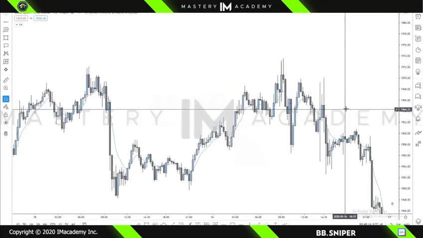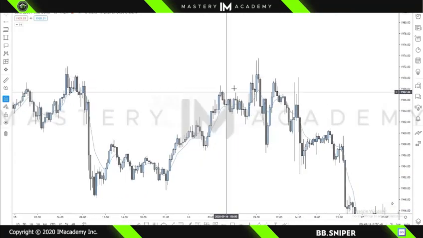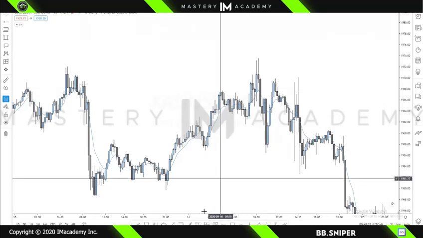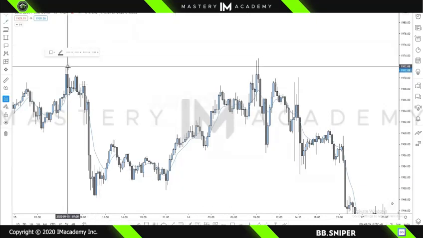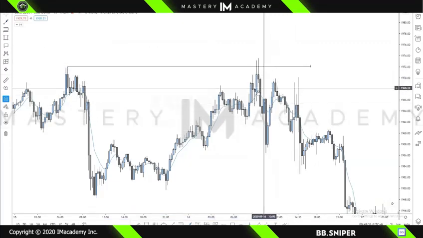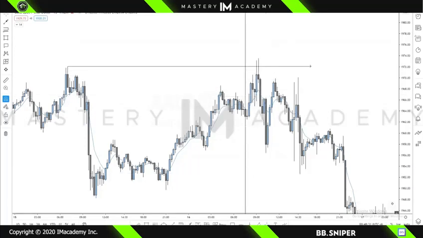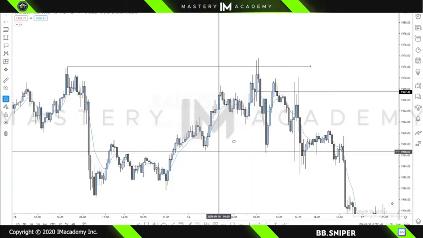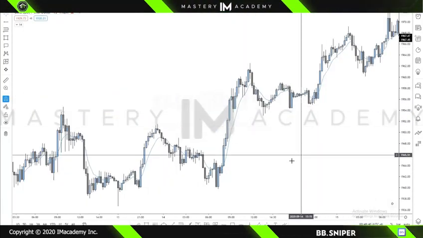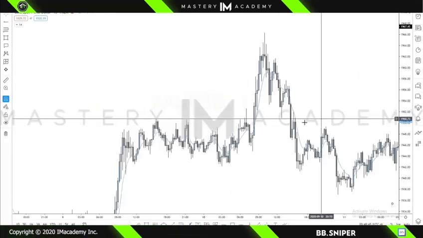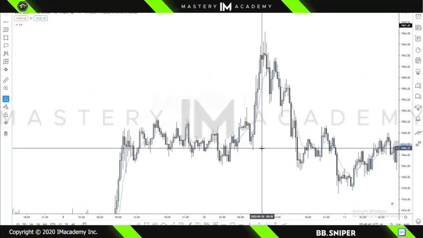Here's a beautiful example as well. We can see here we have this last bullish candle that reaches for this liquidity over here to the left, last bullish candle, and we do see price come back right into that last bullish candle that captures liquidity and goes the other way. So, final example here. Let's see if we can find it.